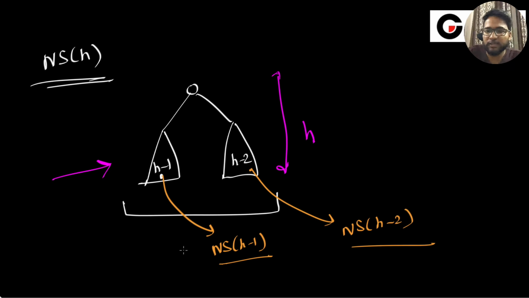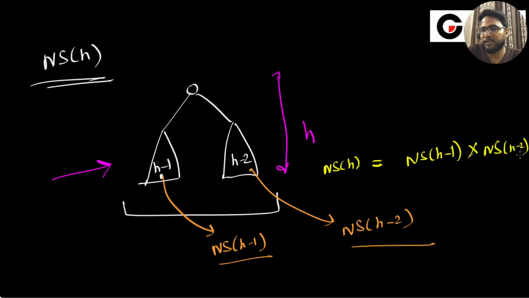Let's just see. This is NSH. Let me write it here. This is NSH, which is equal to NSH minus 1 into NSH minus 2. It is not plus here. Why?